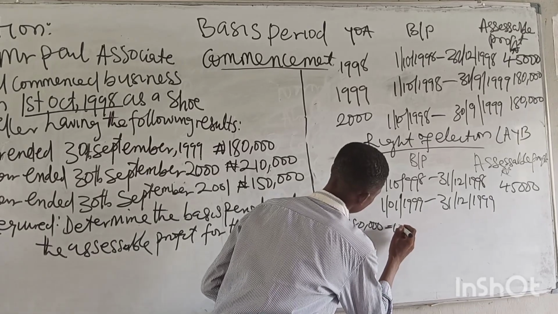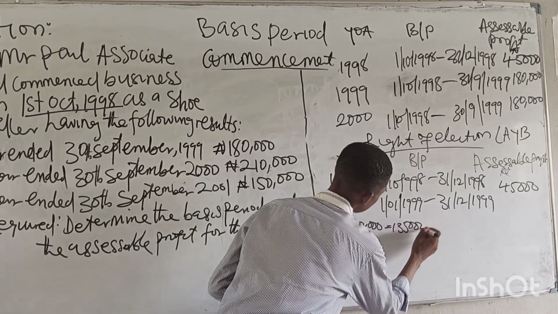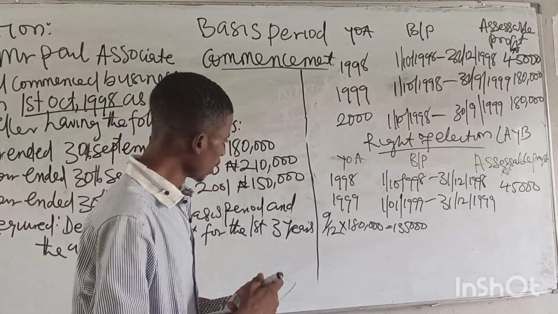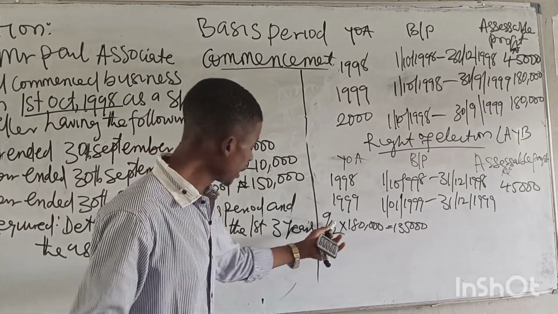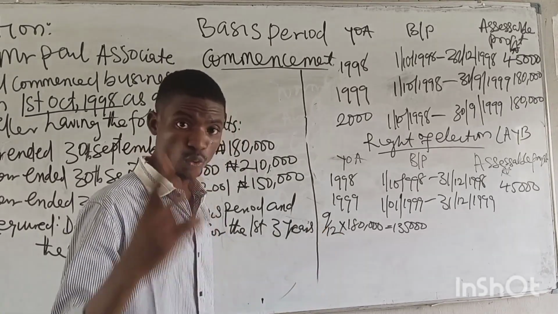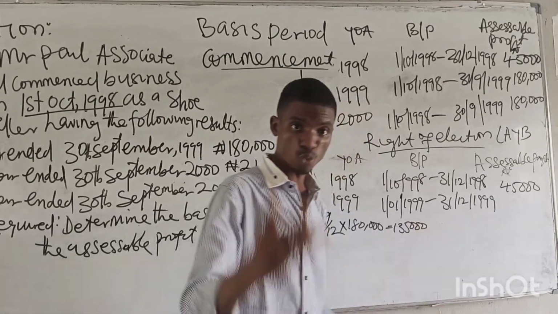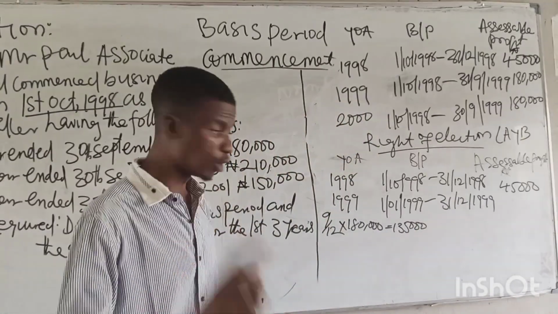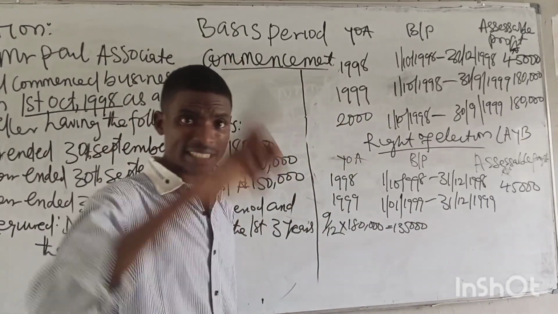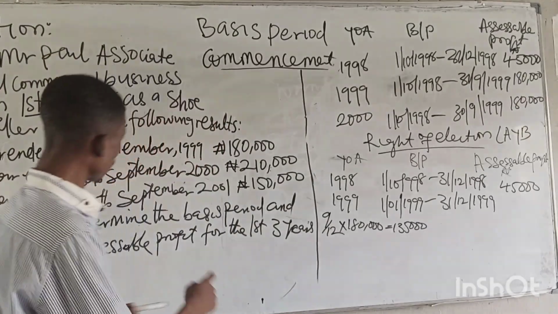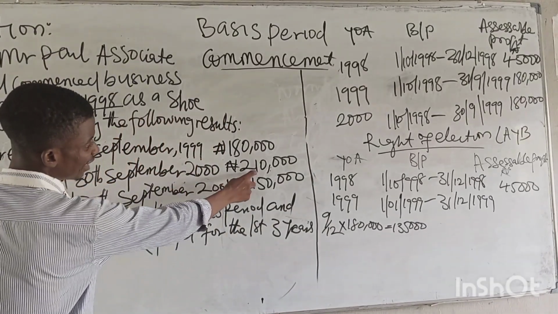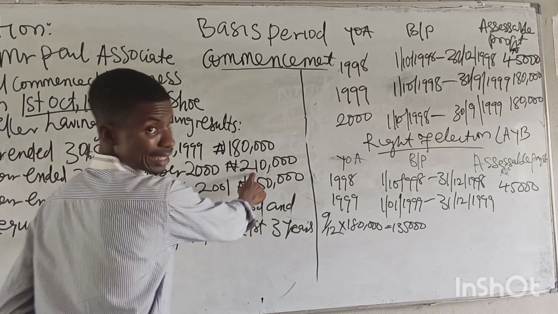We have 135,000. The next, but it's still remaining 3 months to complete it to 12 months, because from here to here is 12 months. The remaining 3 months, we take it from the operating result of the next year, which is year 2000, and is 210,000 naira.